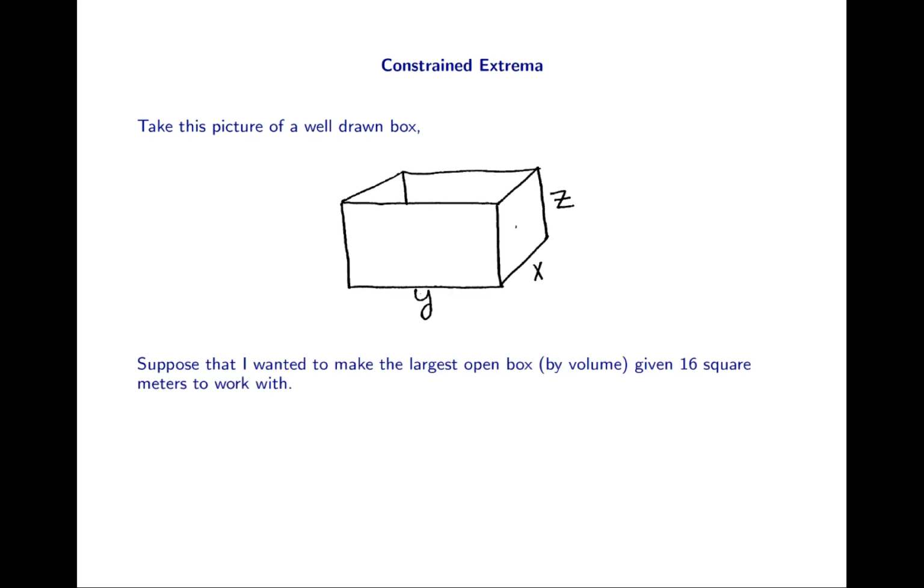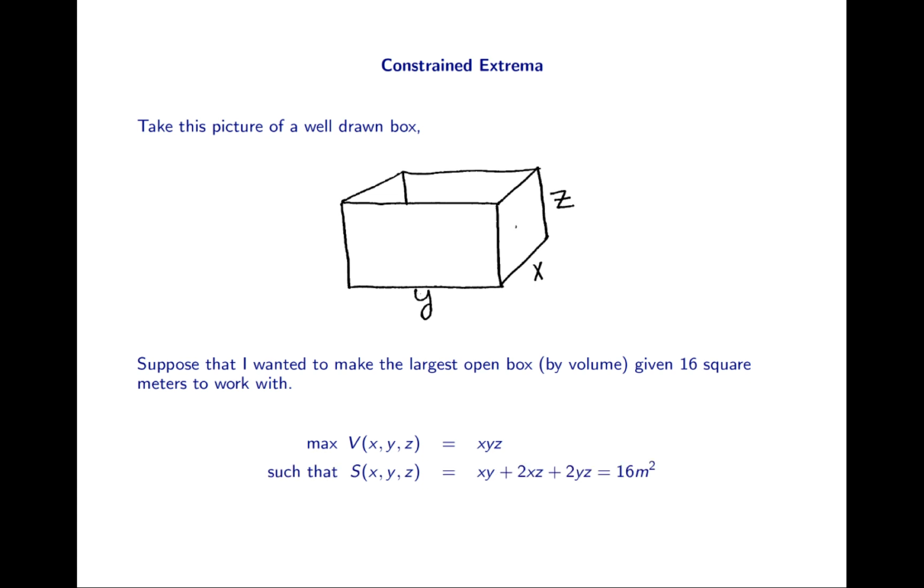Suppose that I wanted to make the largest open-top box by volume given 16 square meters to work with. So my goal is to maximize volume. Of course, volume as a function of x, y, z is x times y times z, and so I want to maximize that.